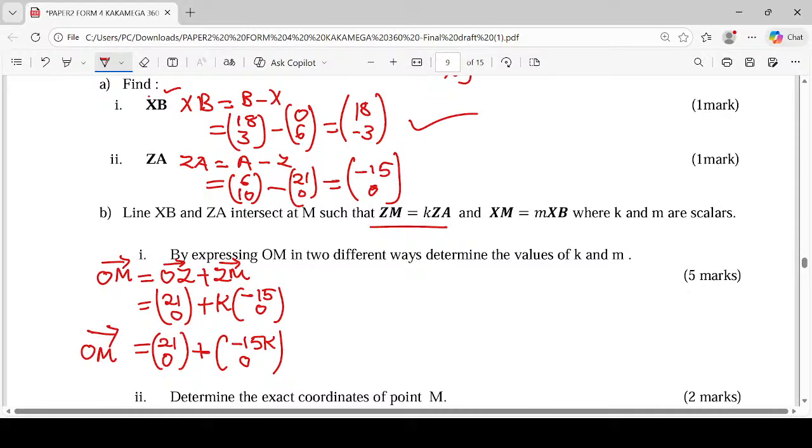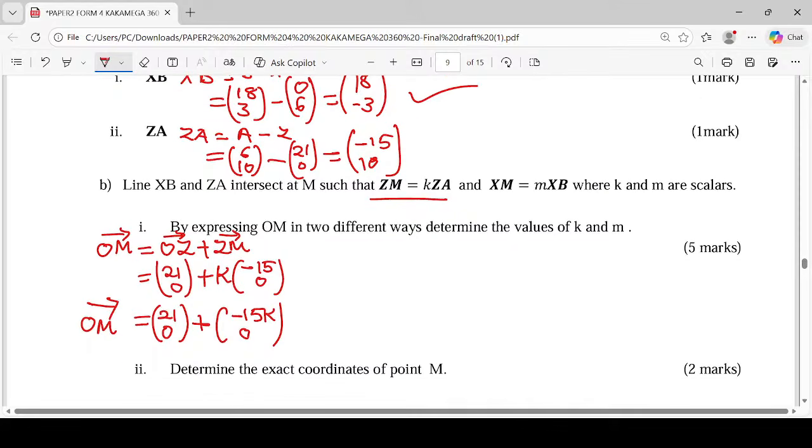Sorry, ZA, when you have 6 minus 21, it was negative 15. 10 minus 0 should have been 10, not 0. So this one here also should be 10, making this one 10K. So that's how you get OM.